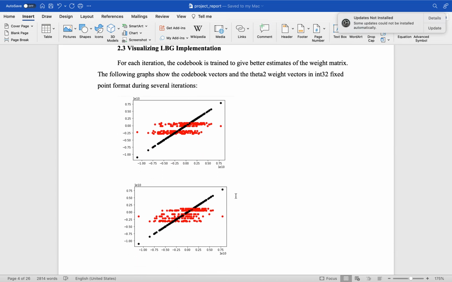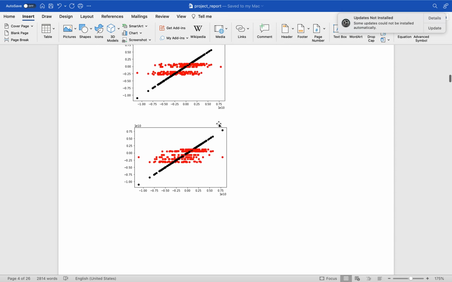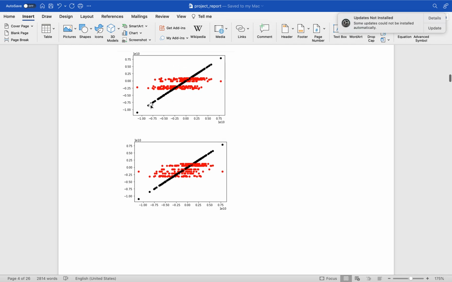The next portion is visualizing the LBG implementation for each iteration. For the first several iterations, as you can see, the red dots represent the code vectors, and the black dots represent the input data. It's nothing but the average, so it's kind of in the middle.